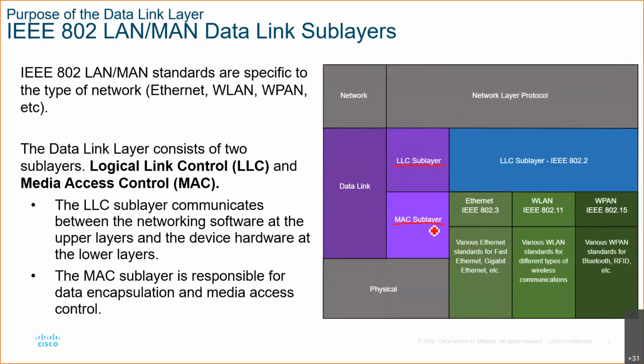Your MAC sublayer is the second sublayer, and this is responsible for encapsulation. It takes the packet, encapsulates it into a frame, and sends it down to the physical layer.